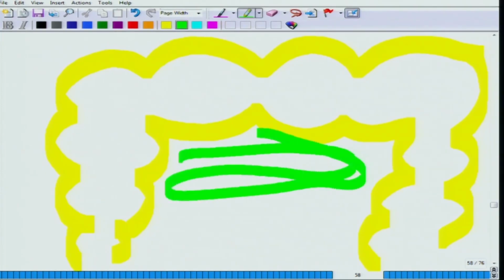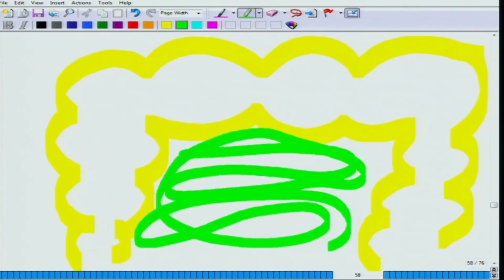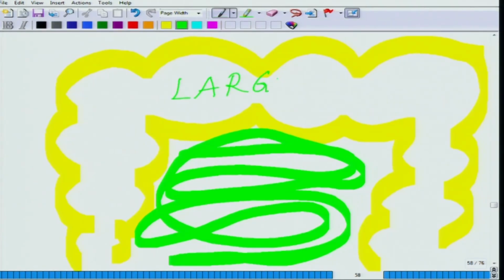Okay. So, this is the large intestine, and here you have the small intestine.